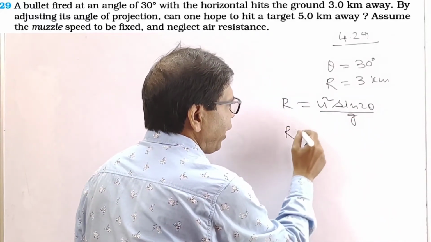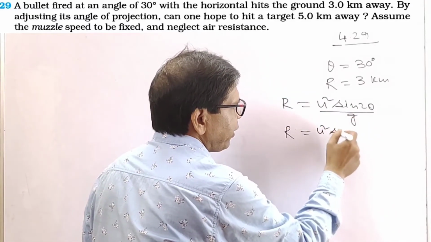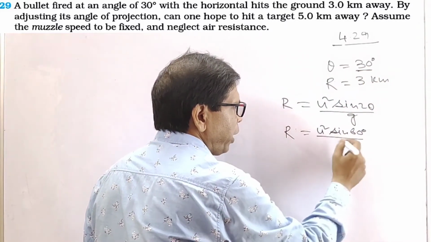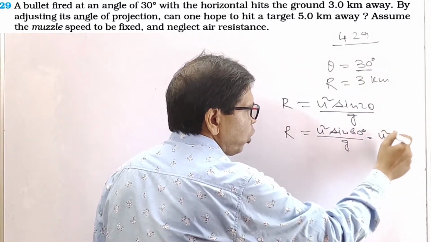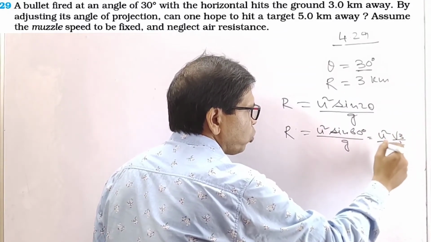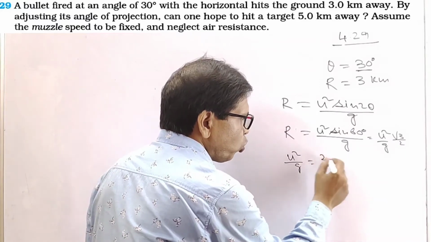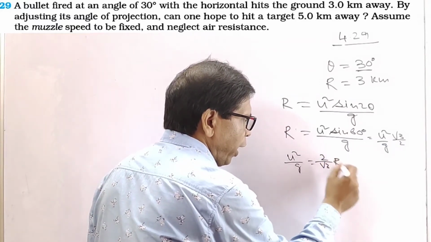So look at this, R equals u square sine, this is 2 into 30 degree, so 60 degree, divided by g. So this is u square root 3 by 2 into g. Therefore u square by g, this is 2 by root 3 into R.